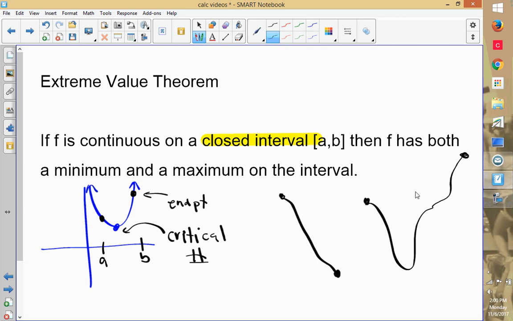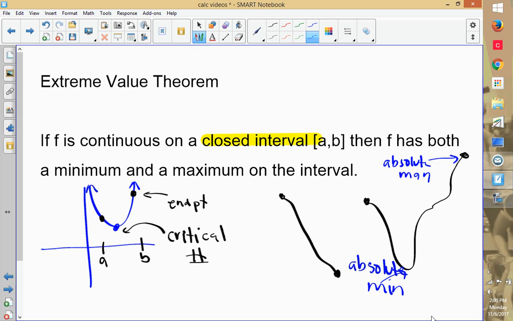The two endpoints do not even need to be at the same height, but here, the absolute max comes from an endpoint where the absolute min comes from a critical number, which is why we needed to learn how to solve them the other day.